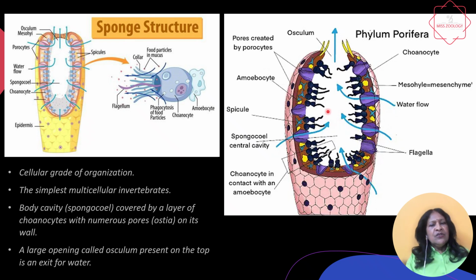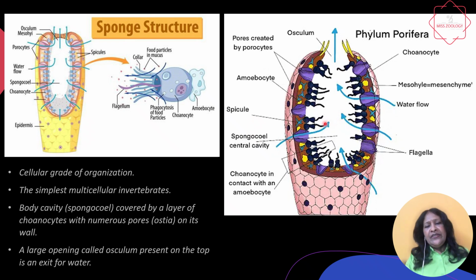The pores which are present throughout the body of a porifera, which are called ostia, allow the water with the dissolved organic matter to enter into the spongocoel.